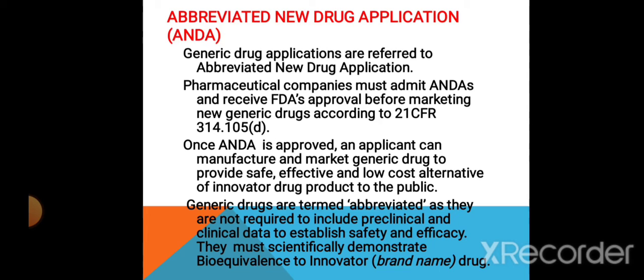Generic drugs are termed abbreviated as they are not required to include preclinical and clinical data to establish safety and efficacy. Why is it called abbreviated? Abbreviated means same, comparable.